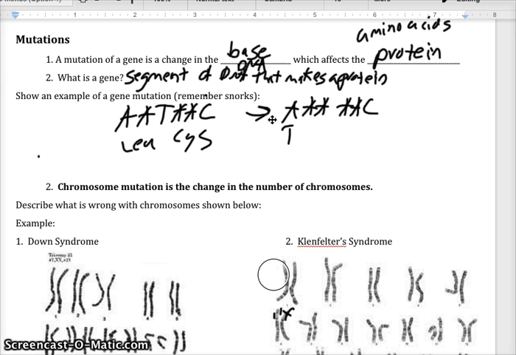Then let's say this is Thr, and then this is Cys. So it changed that amino acid, which will change the protein. A chromosomal mutation is a change in the number of chromosomes, which can have an effect also, just like these proteins.